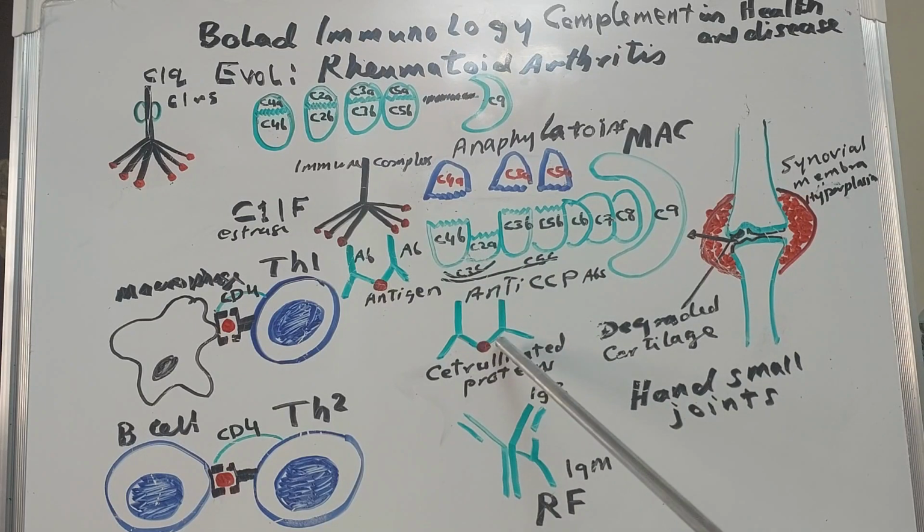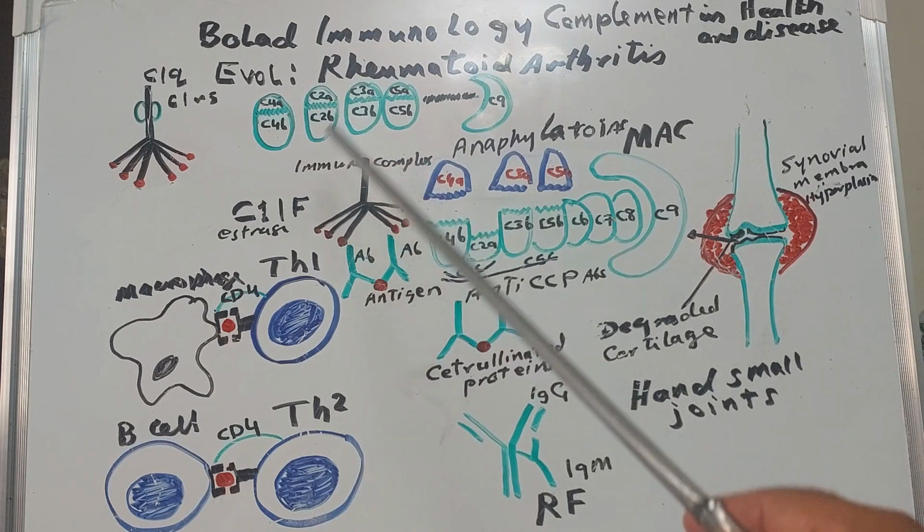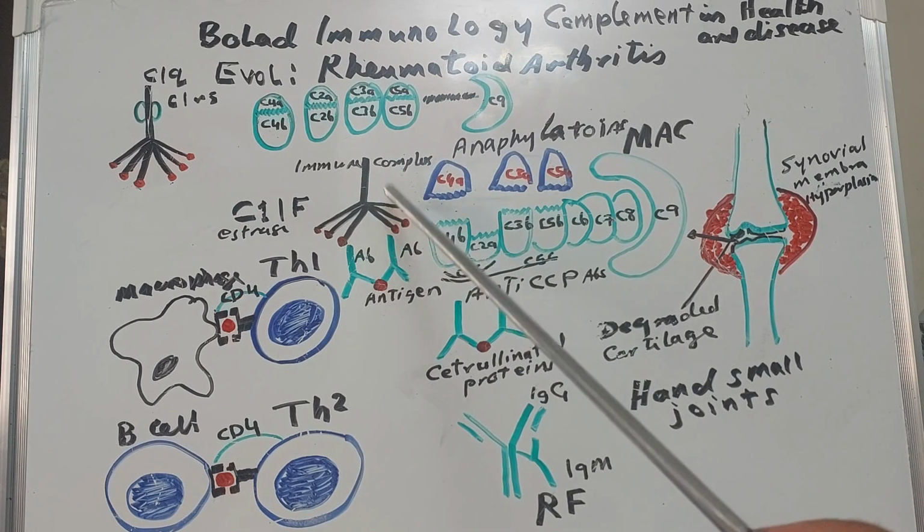When they encounter these citrullinated proteins, they bind to them, and the formation of the immune complex will lead to activation of the complement components.